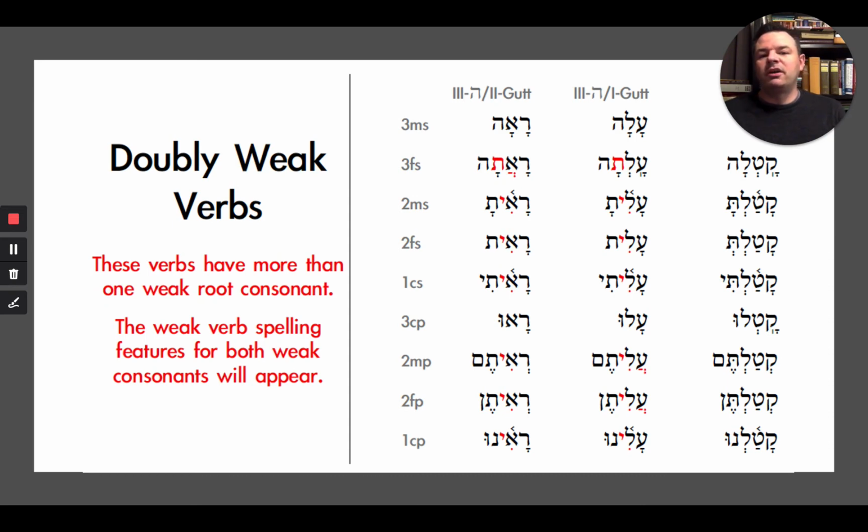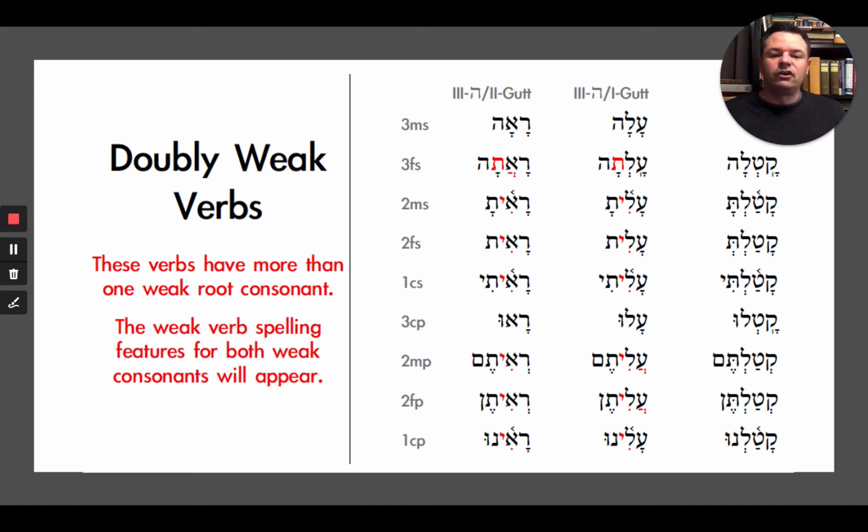So here are some doubly weak patterns, where you might see a little bit of shift or change. When you've got the third hey with a second guttural, you've got the changing of the vowels, the hirik yod, the hey dropping off. The same thing with the first guttural and the third hey. So you've got the hey turning into a tau and the hirik yod vowel letter. Some reduction of the vowels.